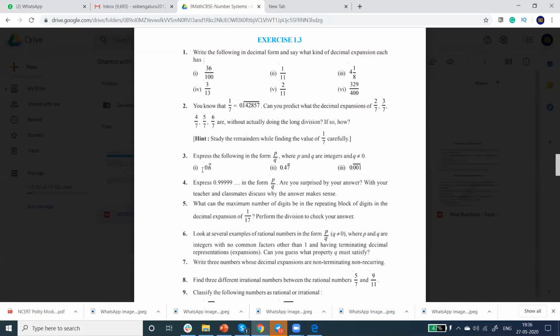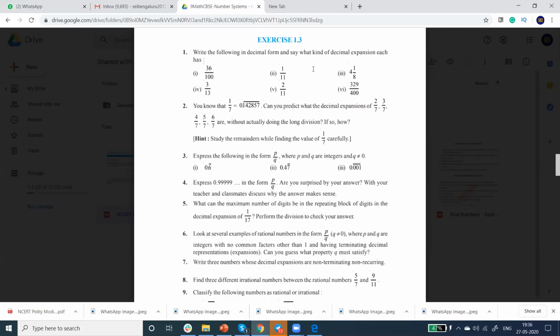Then 10x is equal to 6.6 bar. Subtract. Well done. Second question: x is equal to 0.47 bar. 10x is equal to 4.7.